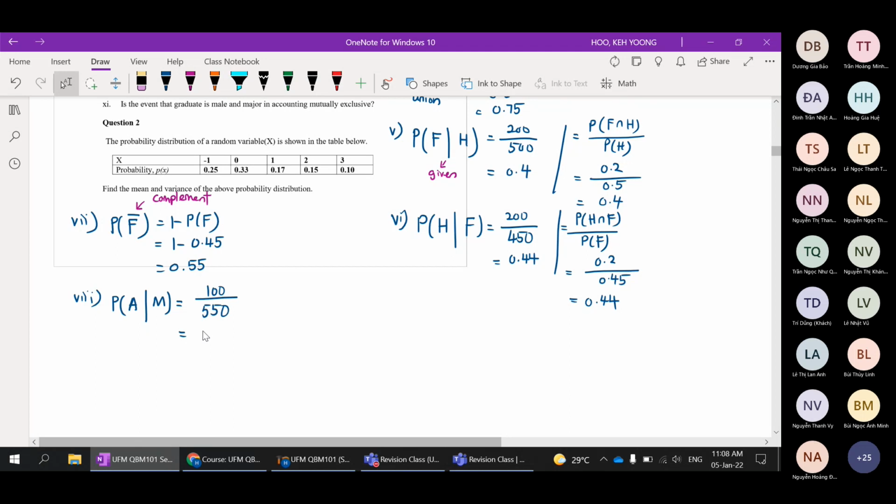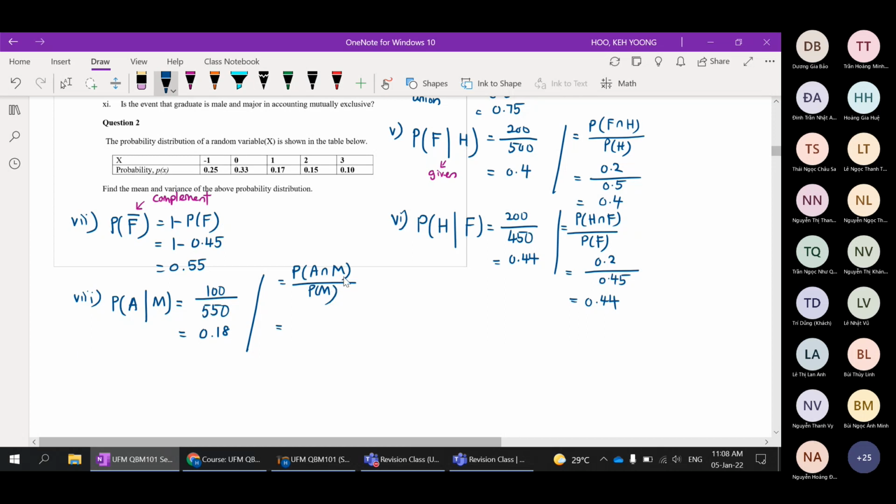So you get 0.18. Or you could use the conditional probability formula: A intersect with male divided by the probability of male. This one you have to calculate, since we don't have it in the previous questions.